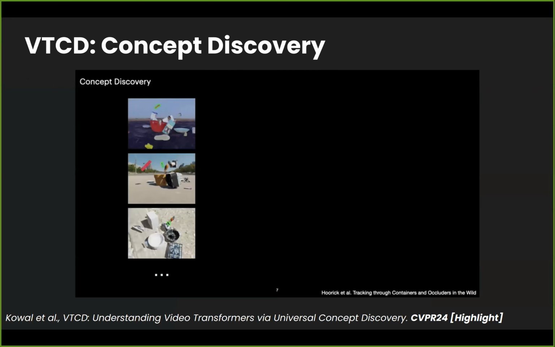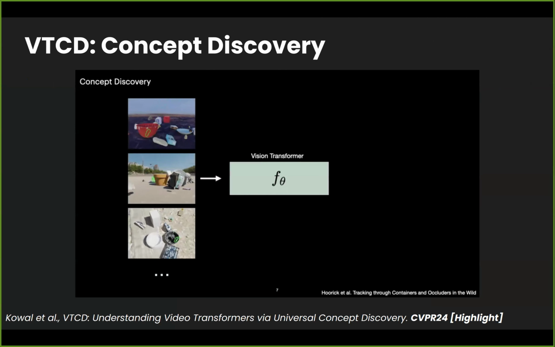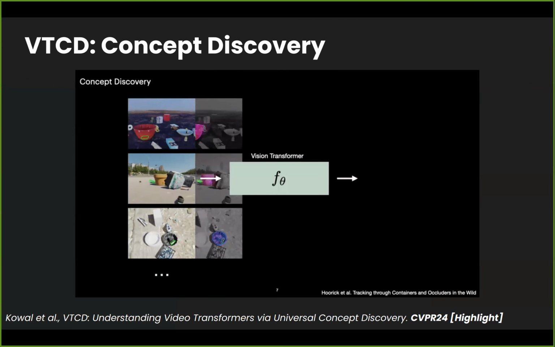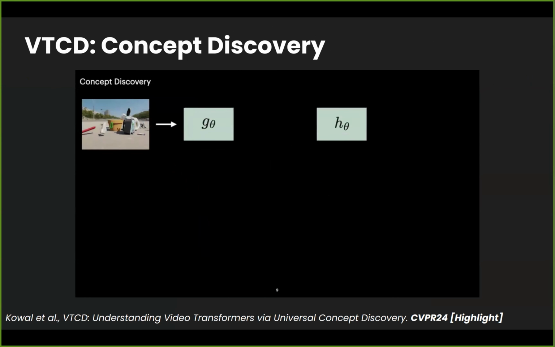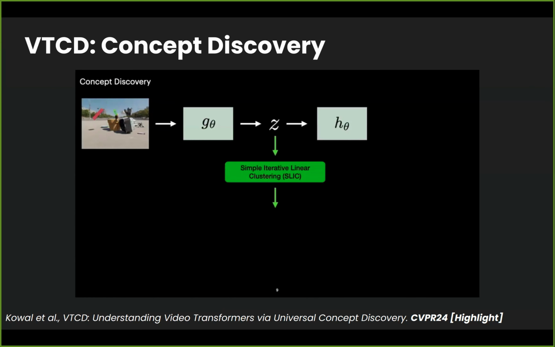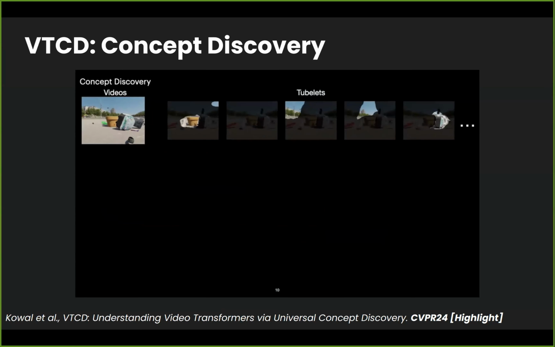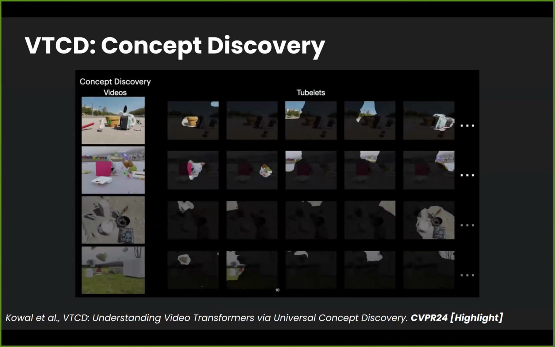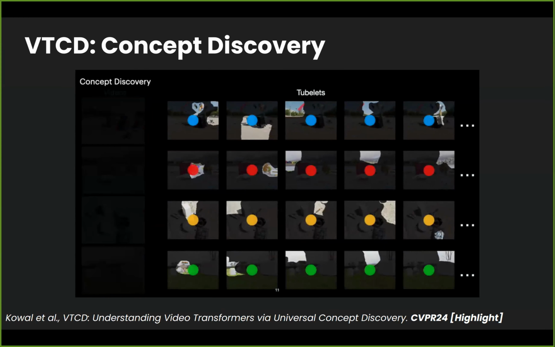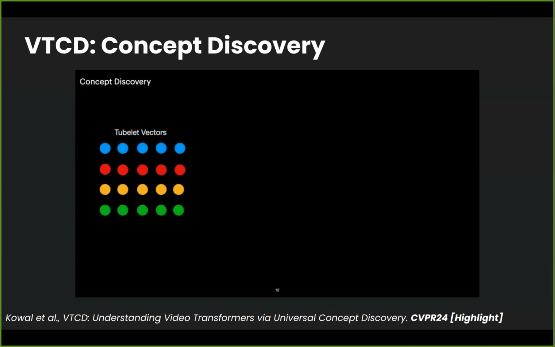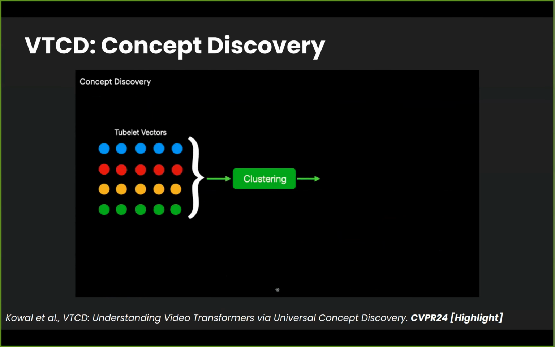So for concept discovery, we basically take a set of videos, we pass them to a video transformer, and we obtain intermediate representations, Z, which we then cluster with SLIC, or simple linear iterative clustering, and we obtain tubelets. We then repeat this process for several videos in the dataset, and we obtain a dataset of tubelets.